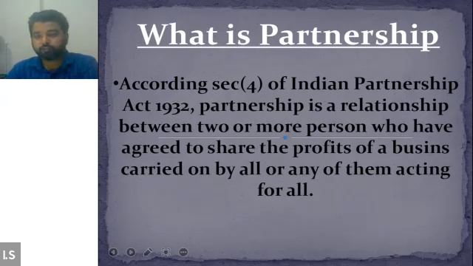Let's suppose there are four partners, and out of four partners, only one partner is managing the entire operations of the business. He is actively contributing to the operations of the business. All the other three partners are not actively participating in the conduct of the business. Then also it will be treated as a partnership.